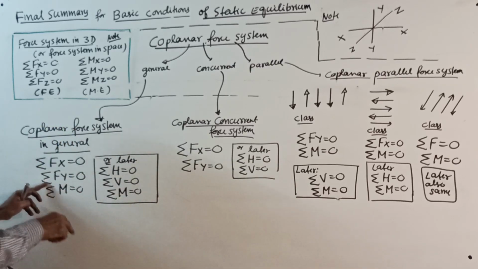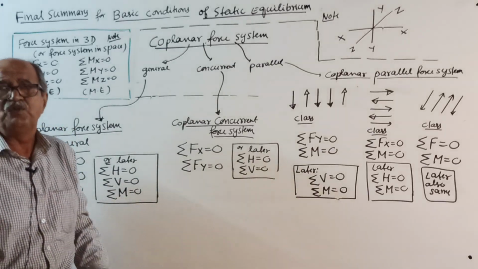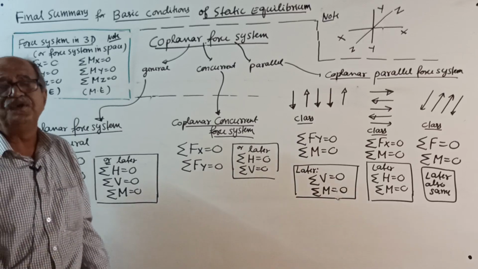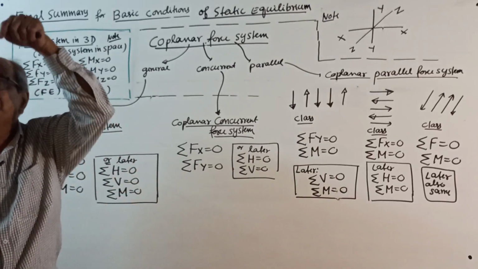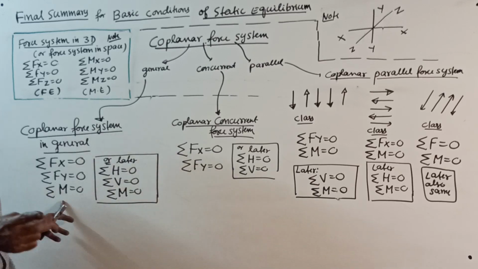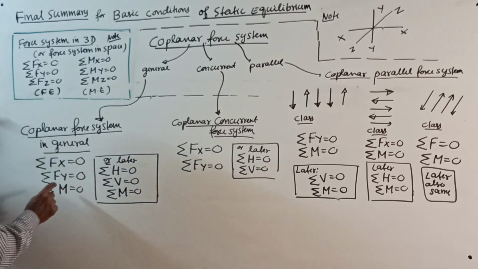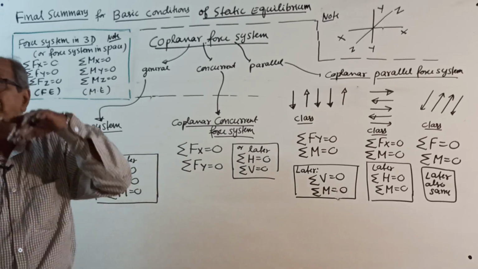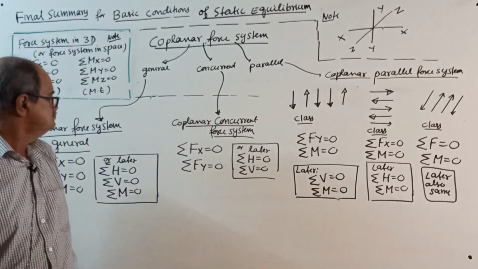Sigma Fy = 0, same thing, along yy equal to 0. Sigma M = 0, algebraic sum of moment of the entire force system about any point equal to 0. I am dictating, you write it in the bracket here.